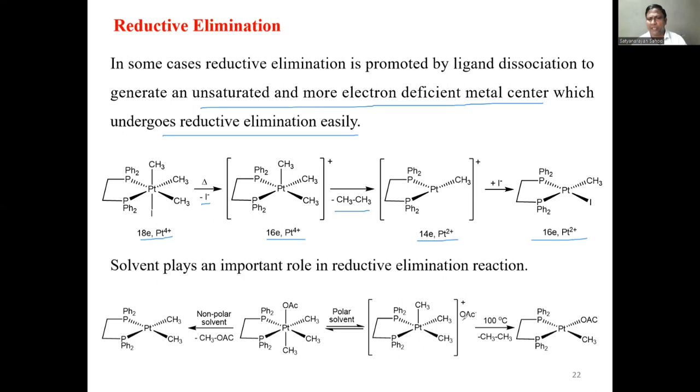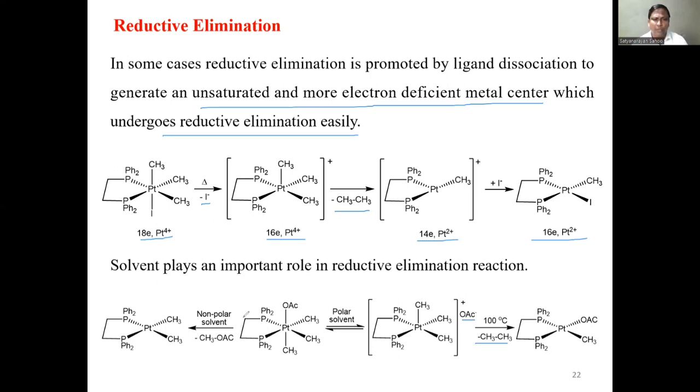For example, this remains like an acetate ion, and the rest of the molecule like a cation. From this cation, the groups which are to be eliminated are the 2 methyl groups. So ethane is eliminated and the acetate can join. So the acetate ion does not leave the metal center.